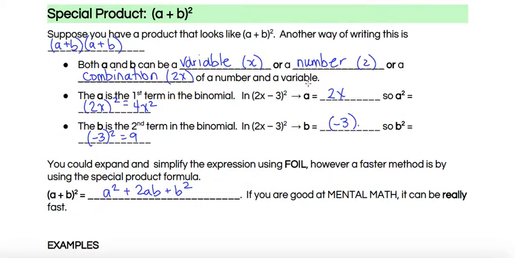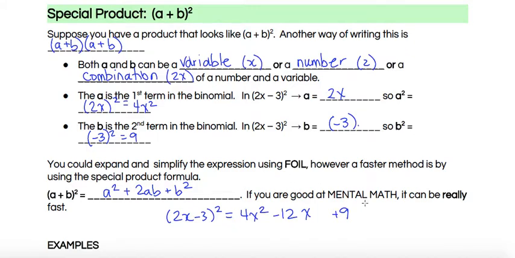So if I was to use our example of (2x minus 3) squared, I already know a squared is 4x squared, my b squared is positive 9, and then our a times b would be 2x times negative 3, which is negative 6x, and then times 2 would be negative 12x. So that's a quick little strategy to use.